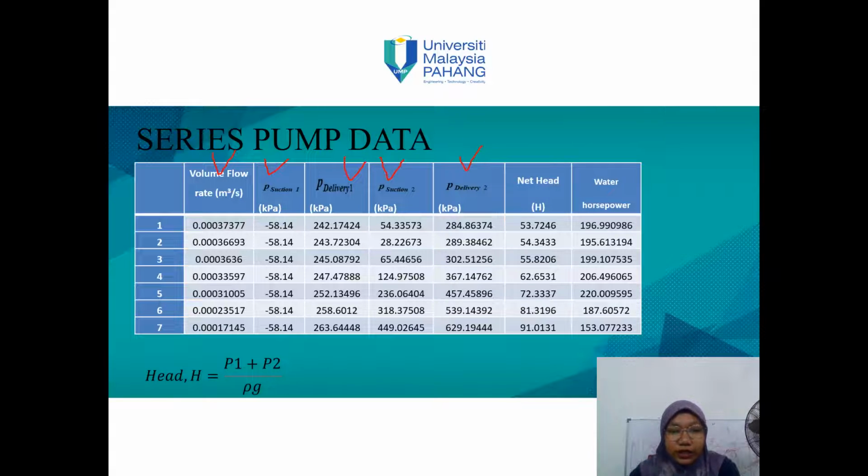And then the net head is the same as for the single data, which is H equals P over rho G. But here for the series pump data, we have to add the pressure, which is delivery pressure 1 and delivery pressure 2 over rho G. The horsepower is the same. The formula used for all the pump data is the same.